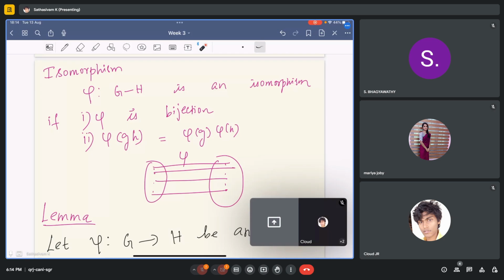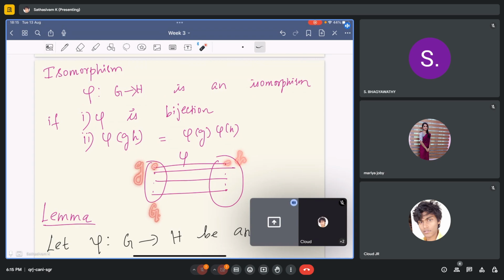Okay. So we say two groups are isomorphic if there's a bijection, if phi is a bijection and the homomorphism property is satisfied, right? So the bijection kind of tells you the relabeling. So if I have an element here, g, in this group, let's say it has a name g. Suppose it goes to another group, so the same element might have a different name.